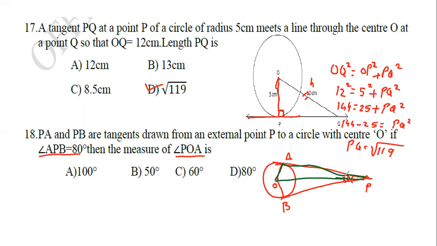So already we know this is 80 degrees. Then this full one becomes how much? 100 degrees. So half of 100 degrees gives this. So half of 100 degrees is 50 degrees. So which option is right? Option B is correct. Next sum.